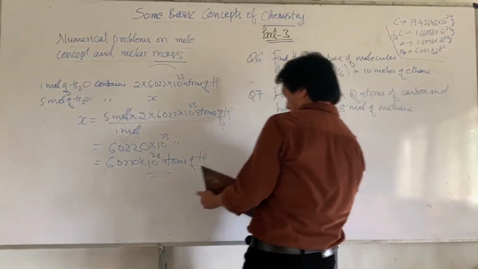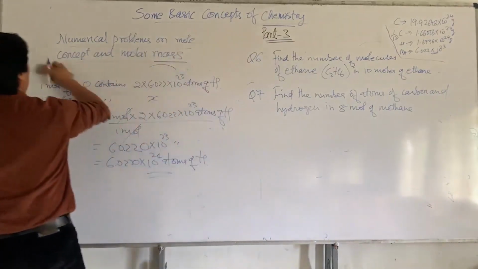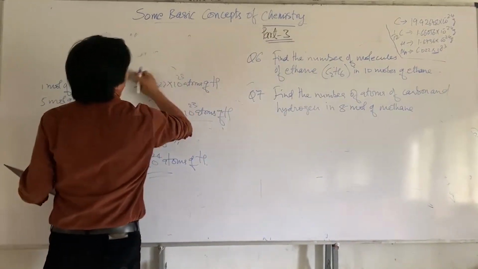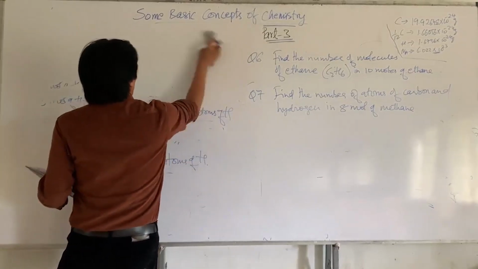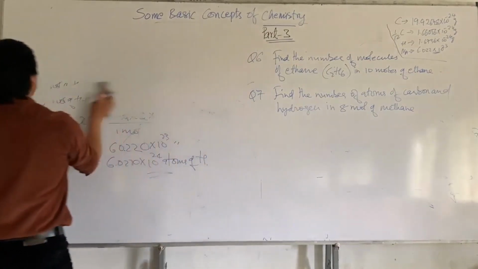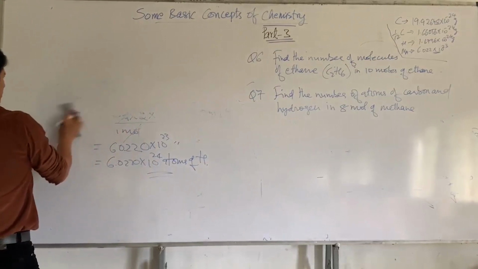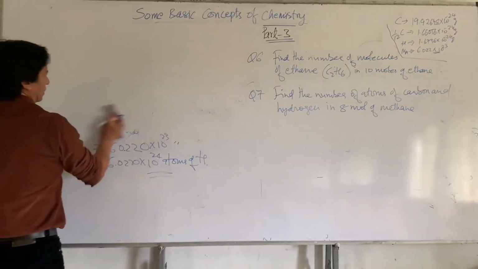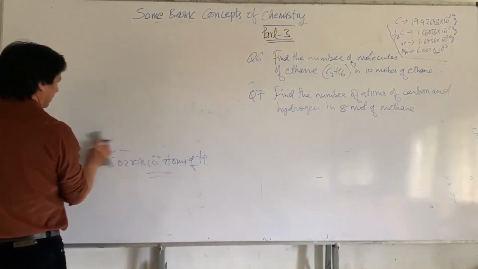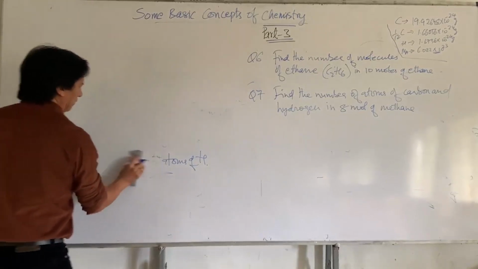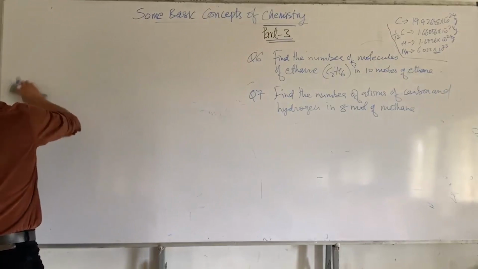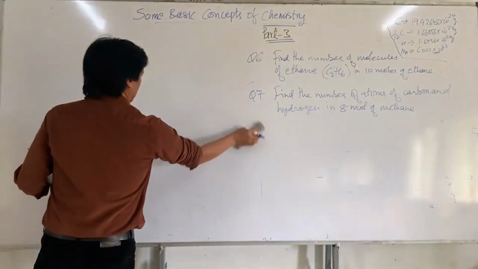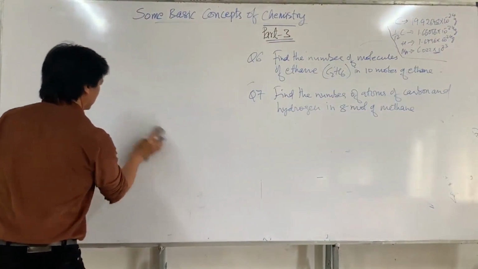And now next we are moving on to the next subtopic, that is percentage composition. Percentage composition gives the mass percent of every element that is present in a compound.